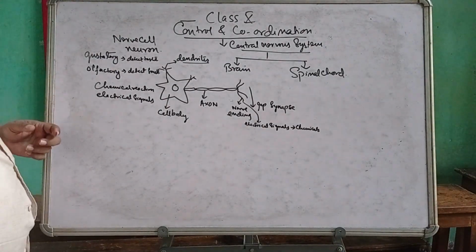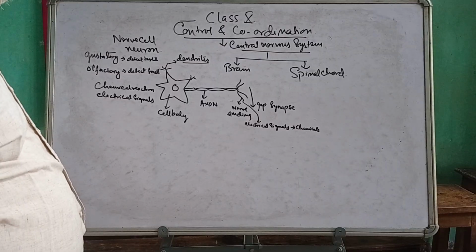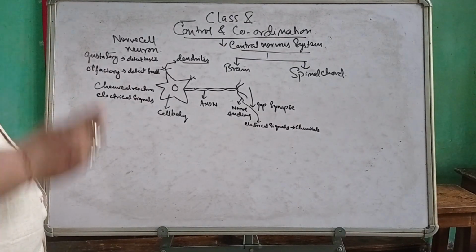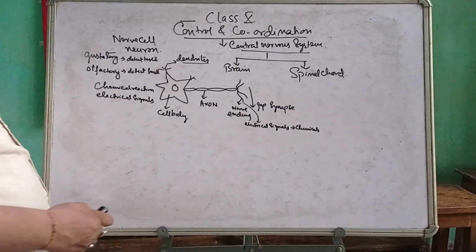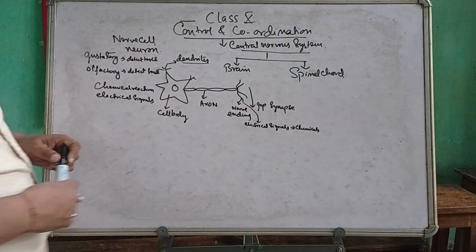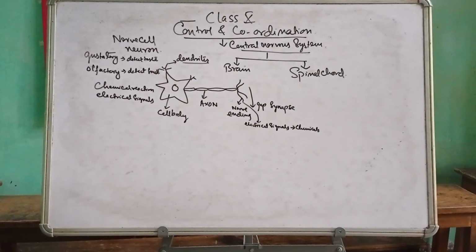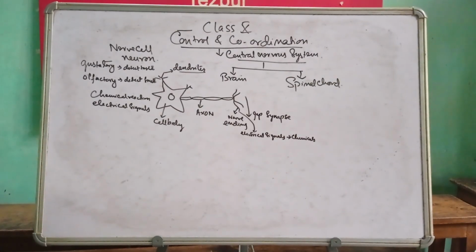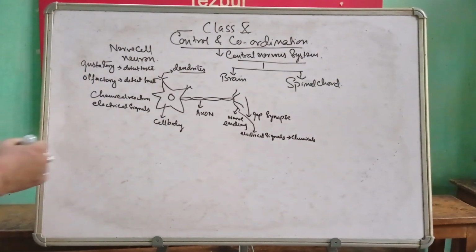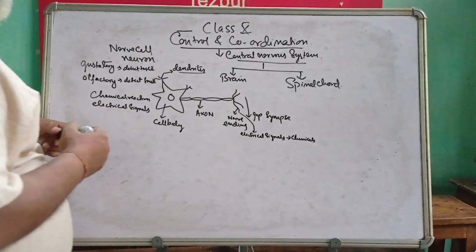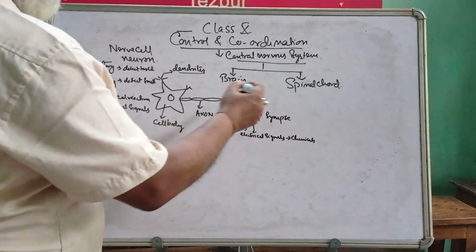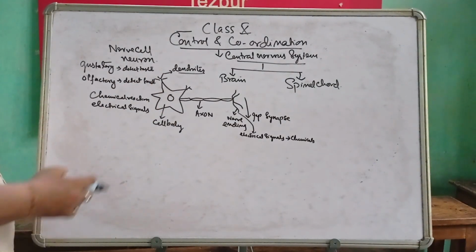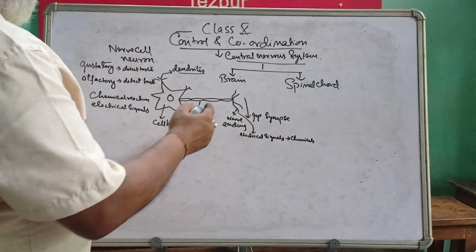Before explaining about the central nervous system, that is the brain or the spinal cord, we must know about the nerve cell, which is called a neuron.